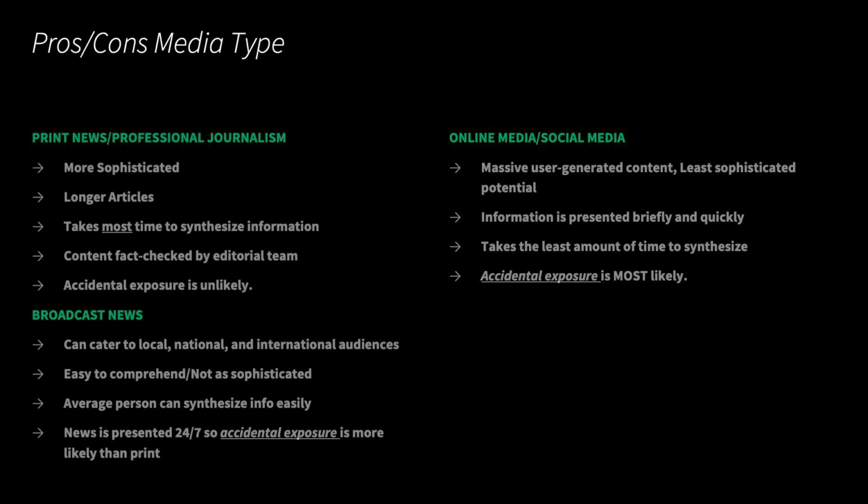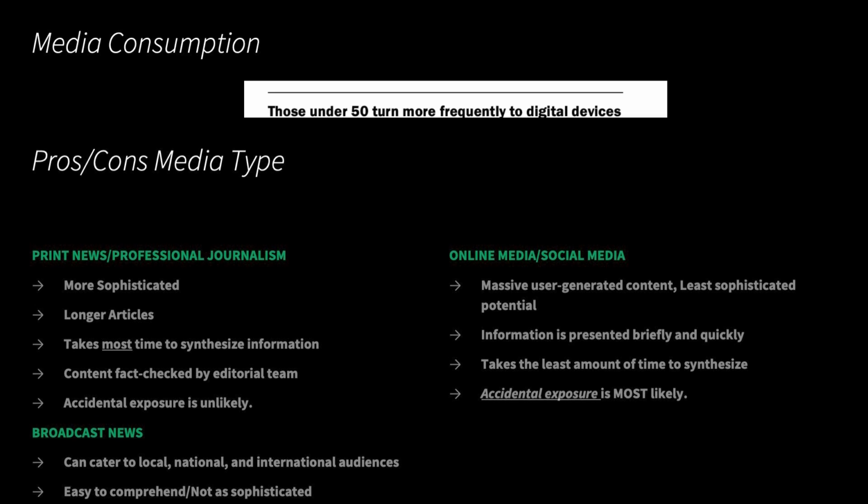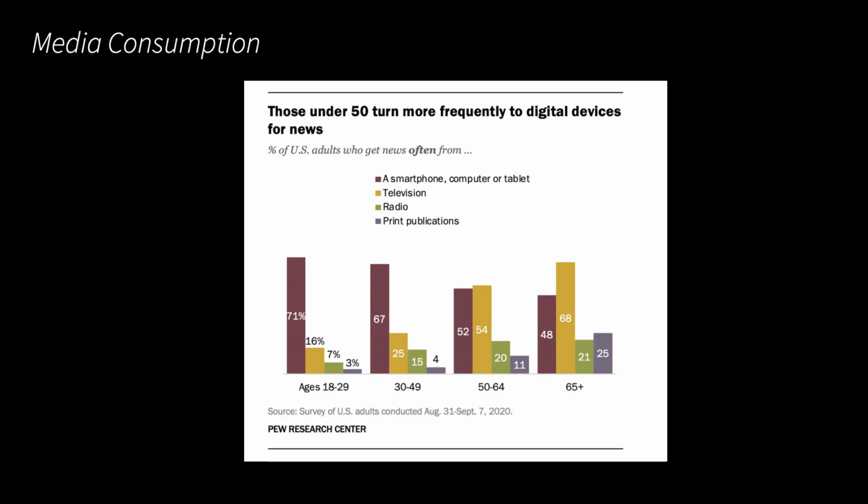So again, I would like you to compare the pros and cons of these media types with respect to the graph that we looked at earlier. And to what degree can we explain our political differences, on the basis of age cohort, with respect to where we're getting our news information from?